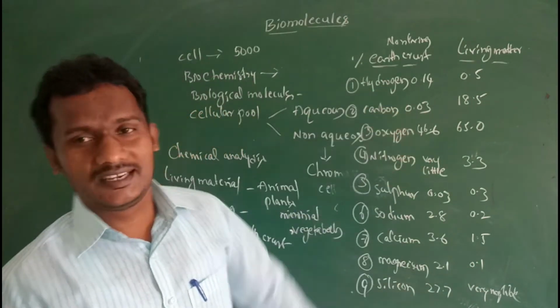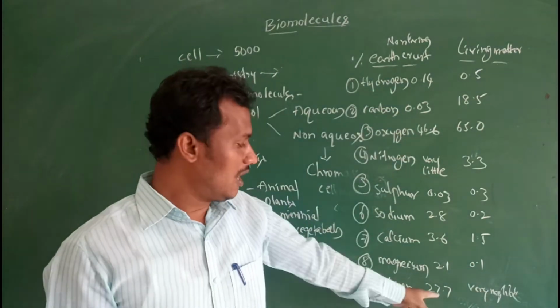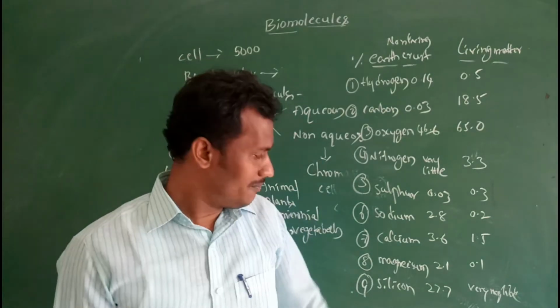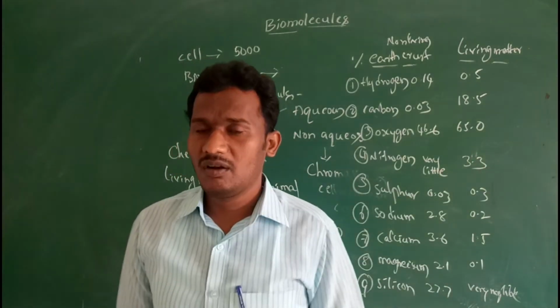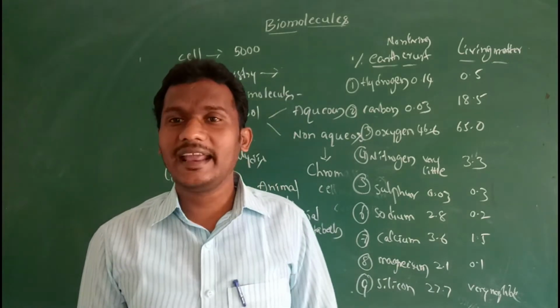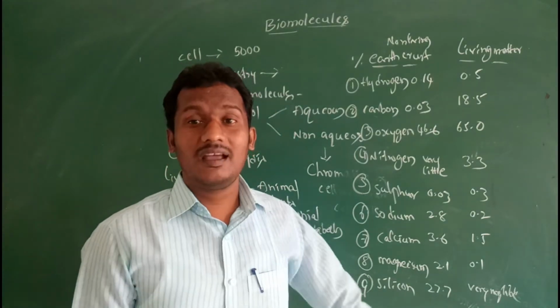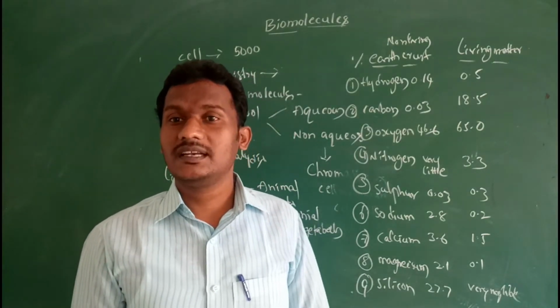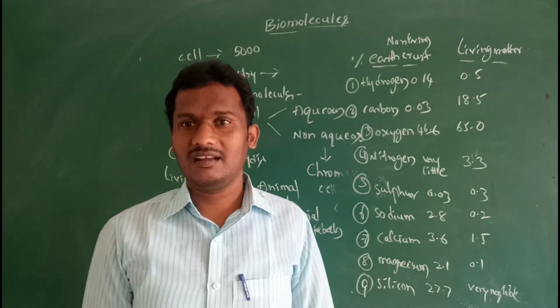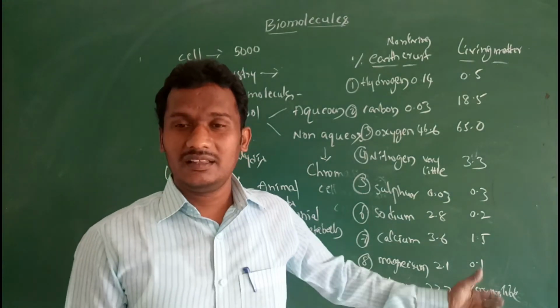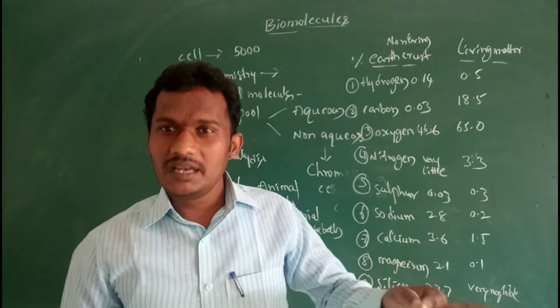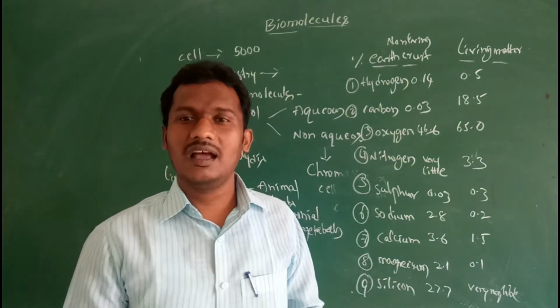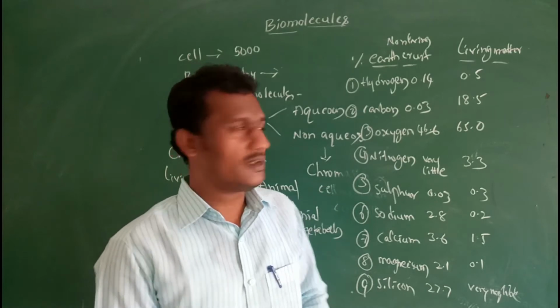Silica in earth crust is present in the highest amount, 27.7%. In living matter it is very negligible, but a high amount of silica is present in grasses, in grass leaf blades. This silica provides stability to the leaves, and has some other uses also.